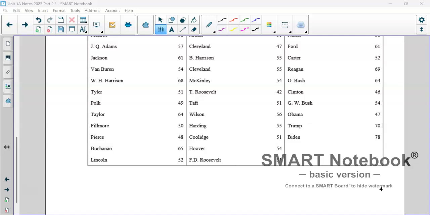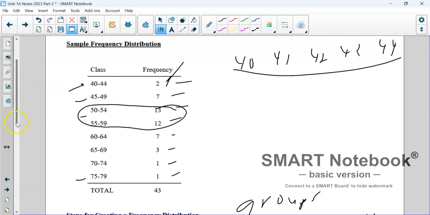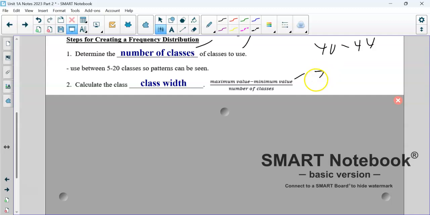And it looks like our youngest was Teddy Roosevelt at 42. So 78 was our oldest, minus 42. So in this case, 78 minus the 42 divided by the 8 classes we want actually gives us 4.5.